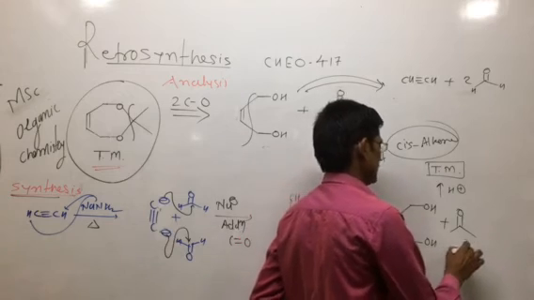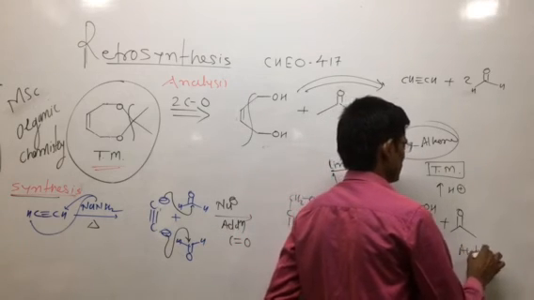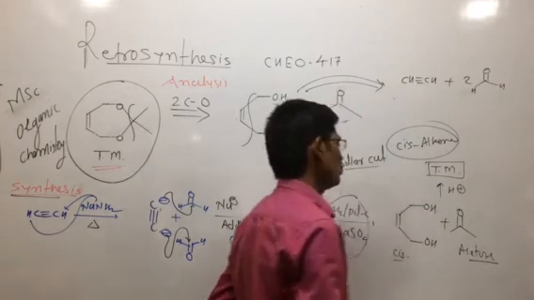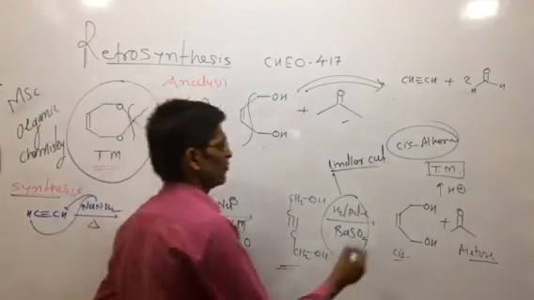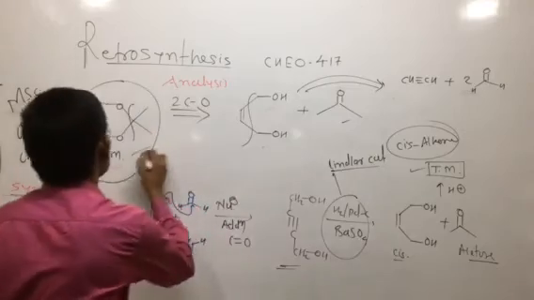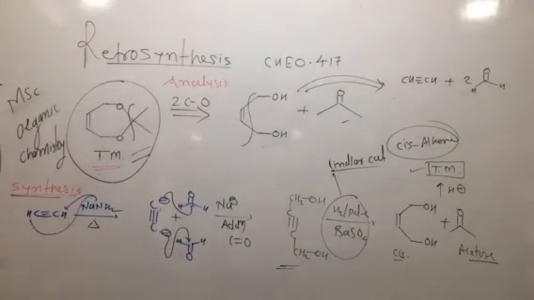Then it is treated with acetone, 2-propanone, in acidic condition, forming our target molecule. So this is one plan of analysis followed by synthesis. We call this the retrosynthetic analysis.